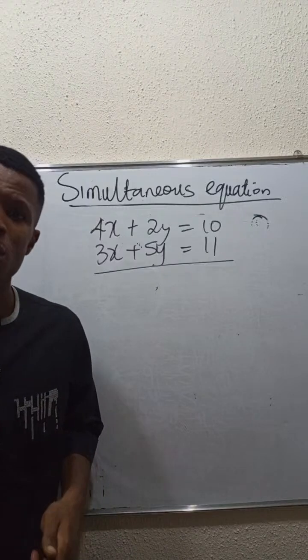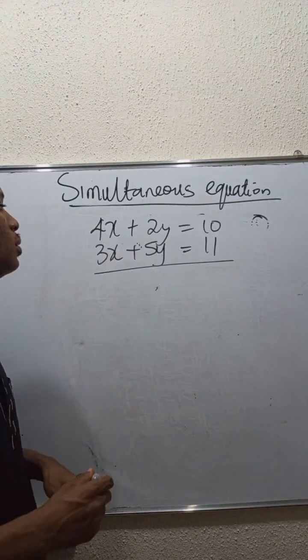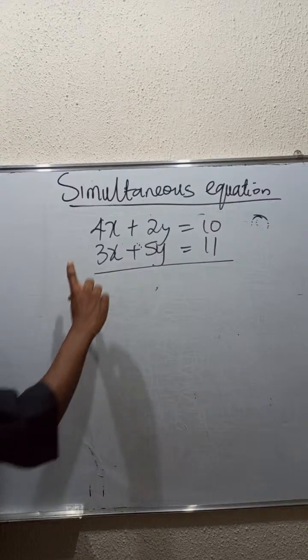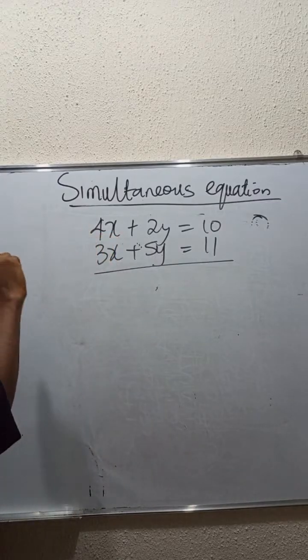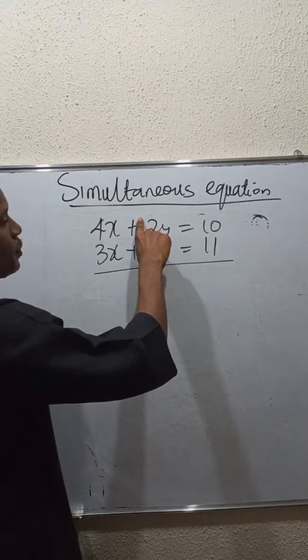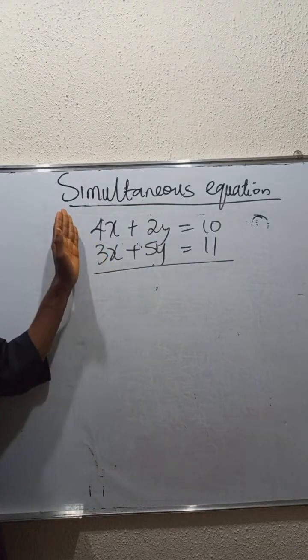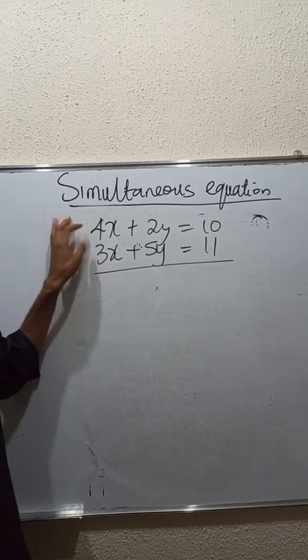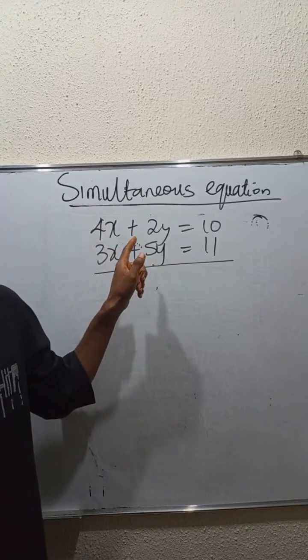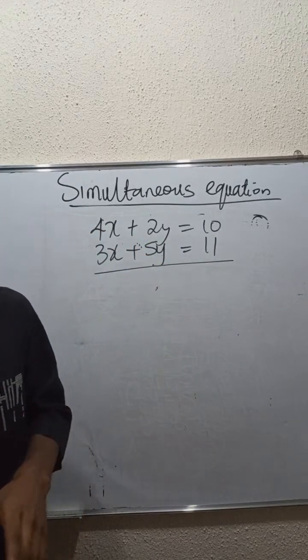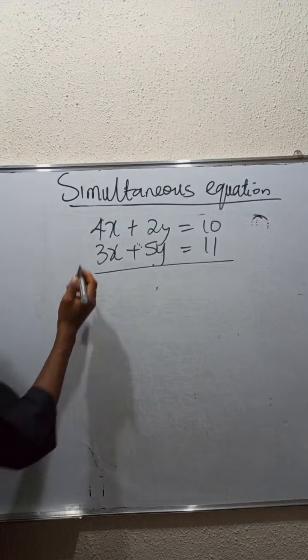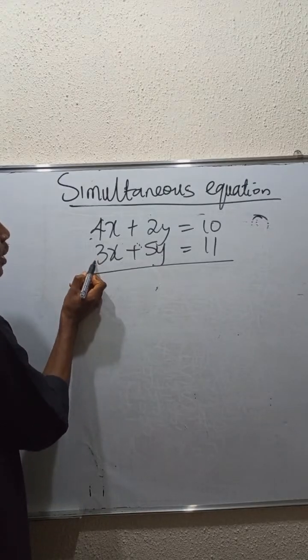So all you have to do is very simple. Find a way to make either the coefficients of x the same or the coefficients of y the same. So you are going to match the coefficients of either x or y using their lowest common multiple. So what's the lowest common multiple of 3 and 4?